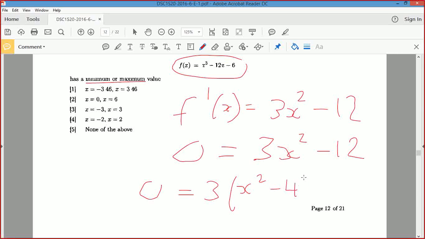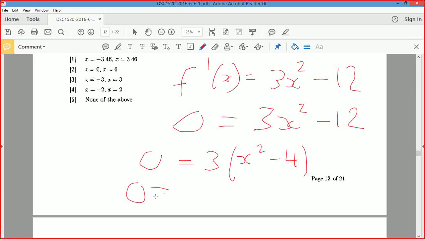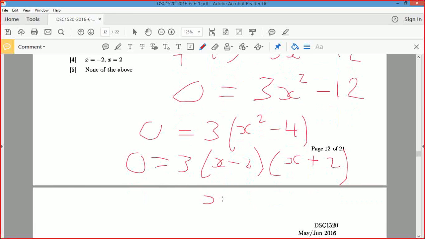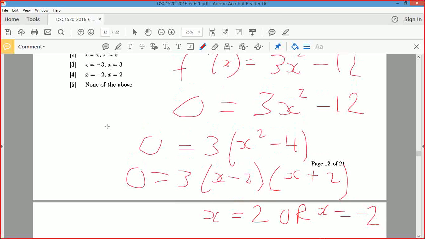X squared minus 4, hey? Yes. So 3 brackets x minus 2, x plus 2. So what is x? x equals 2 or x equals minus 2. Option 4. Yes. That's a nice one.